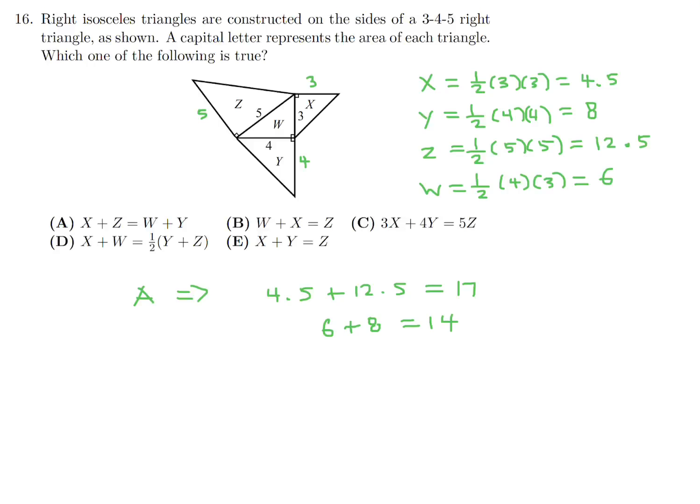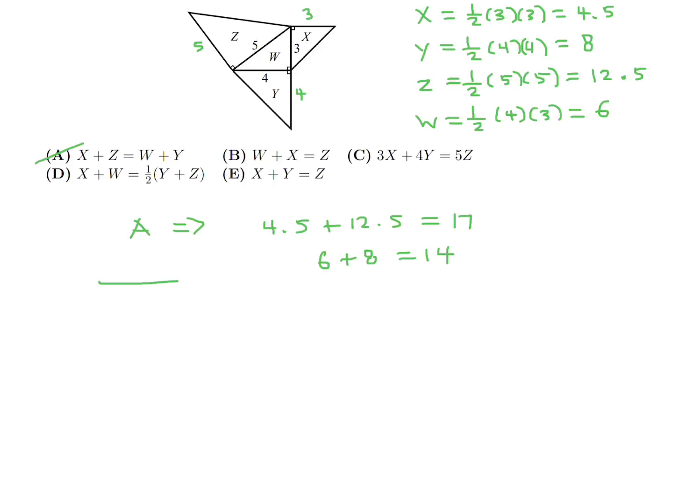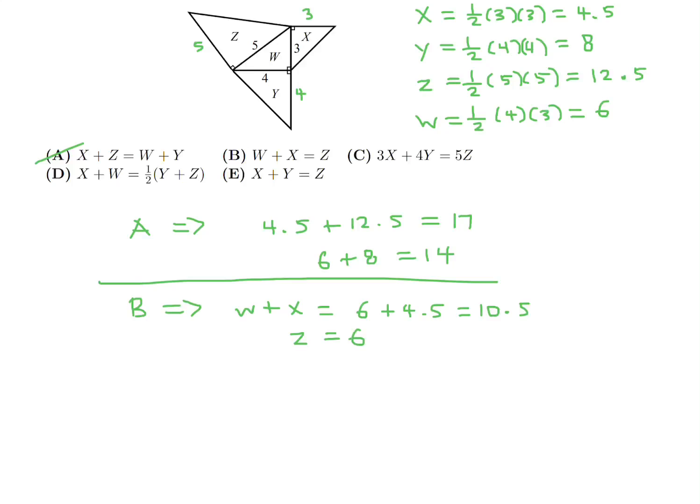So that one is not true. All right. B is next, okay? W plus x. What do we have here? W 6 and 4.5, which is 10.5. And z, just z by itself, is 6. So 10.5 is not equal to 6, so that's wrong.